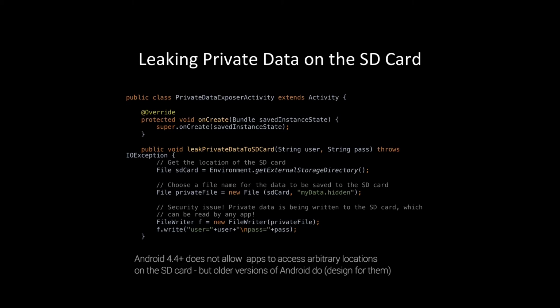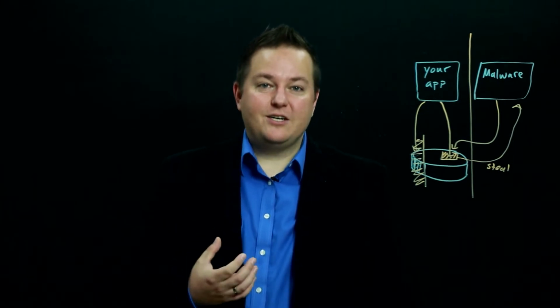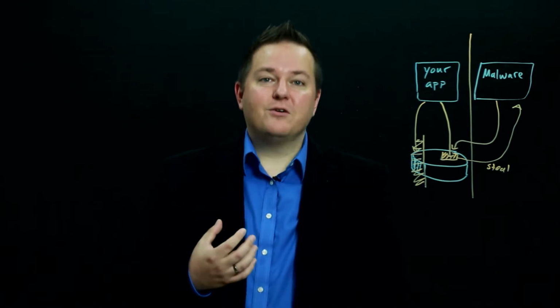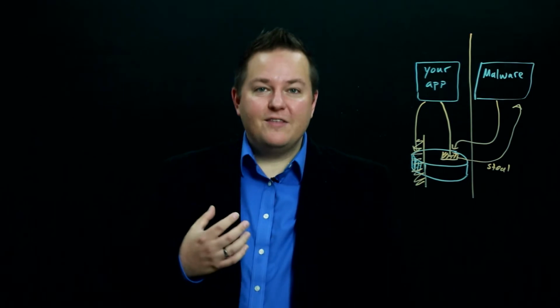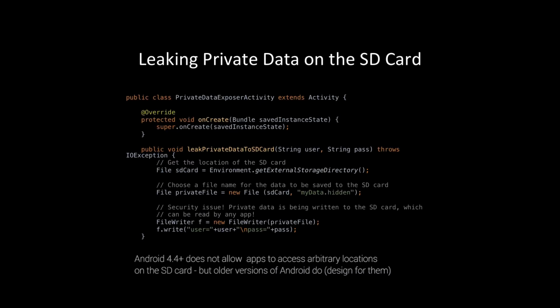The way that developers often make a mistake is they assume that data that they're storing to the SD card is secure, or they assume that other apps aren't going to look at the data or know to look for the data that their app is saving on the SD card. And this is actually not true. If you store data on the SD card, it's actually public to all other apps on a device.